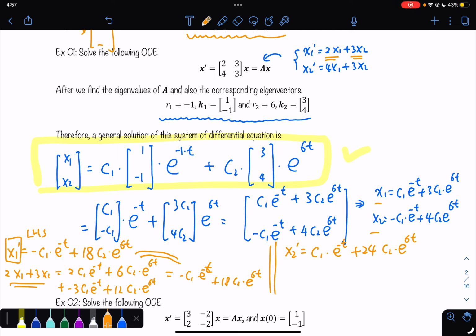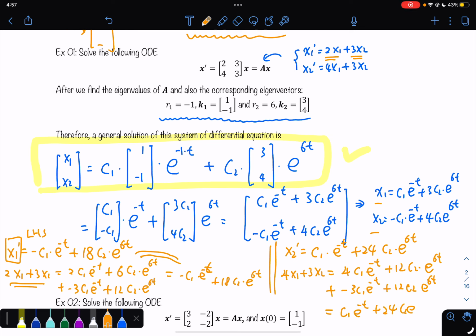And the right side of my differential equation says 4x1 plus 3x2. 4x1 is 4c1 e to the negative t plus 12 c2 e to the 6t. 3x2 is negative 3 c1 e to the negative t plus 12 c2 e to the 6t, which gives you c1 e to the negative t plus 24 c2 e to the 6t. As you can see, x2 prime and 4x1 plus 3x2 are mathematically equivalent. So what I found does solve the original set of differential equations.